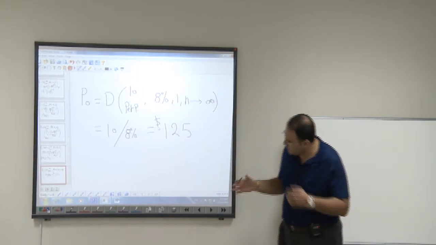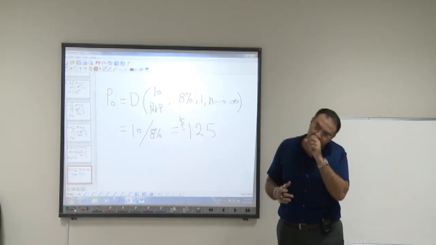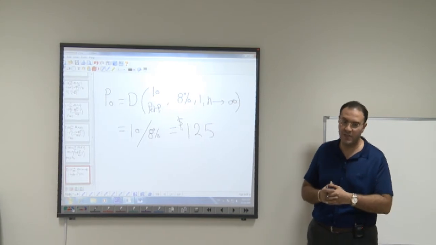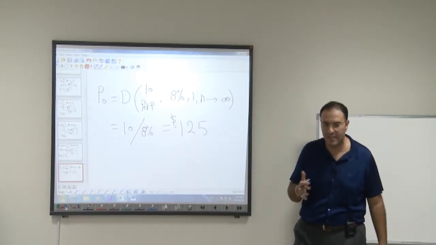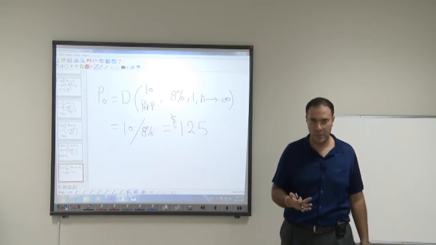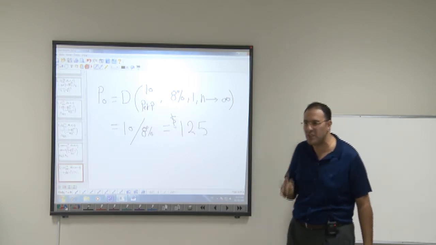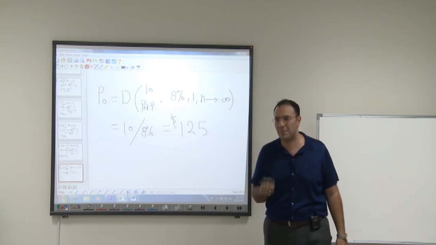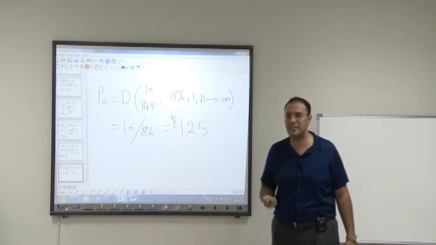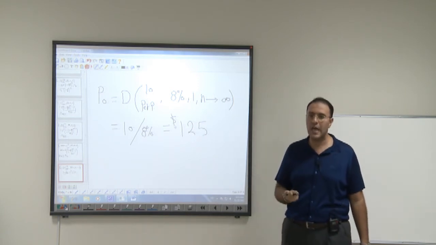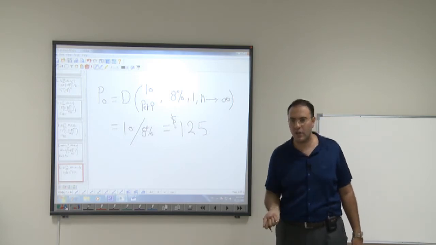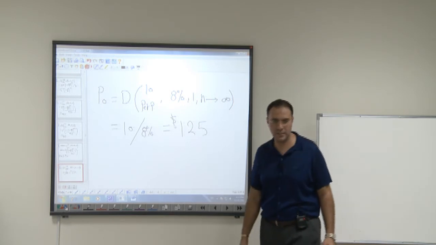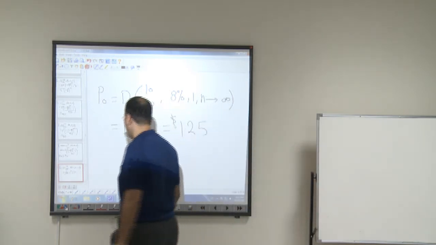It is not sensible to promise an infinity of dollars, and therefore it doesn't make any sense to compound a perpetuity. A perpetuity is only good for discounting. We cannot compound it because eventually we would get to an infinity of dollars, which doesn't make sense. I hope this is clear.